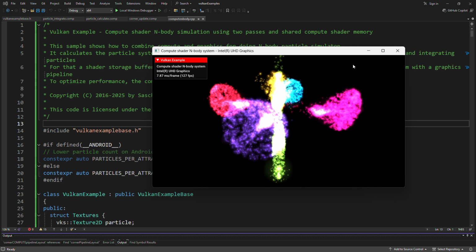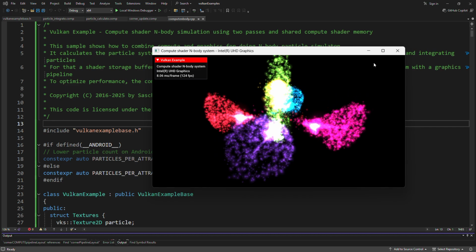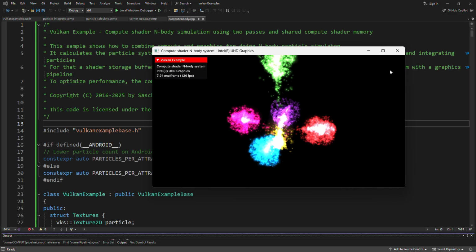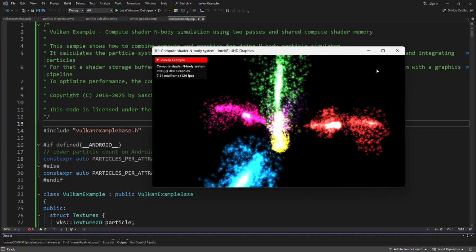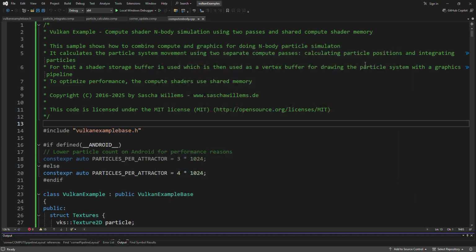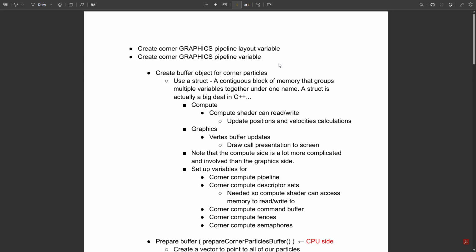That's the whole purpose of what we're trying to achieve. Now there are a lot of things that we have to do, Vulkan being Vulkan, in order to make that happen. And I don't want to sugarcoat it. It took way more code than I expected, and it was a lot more involved.